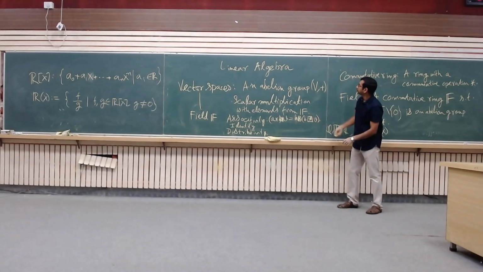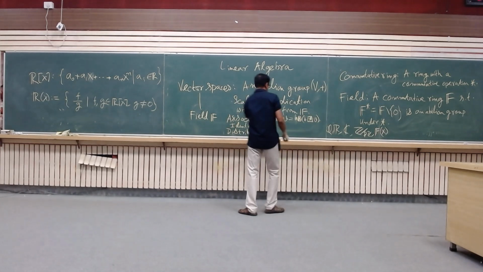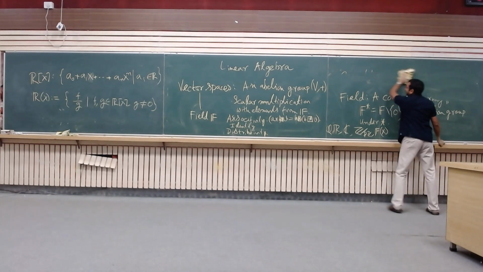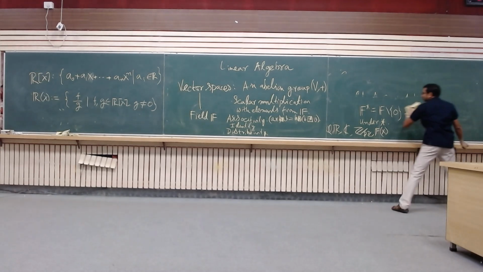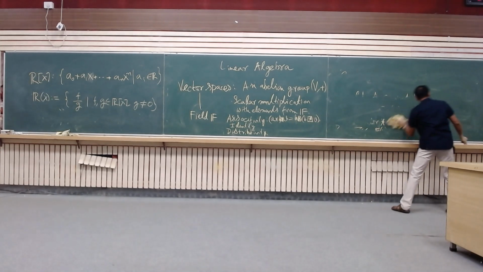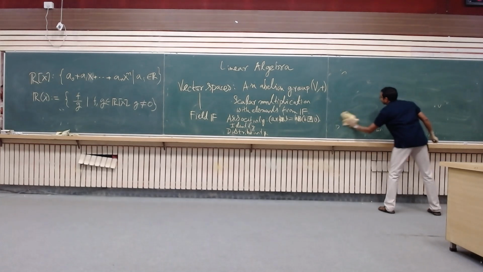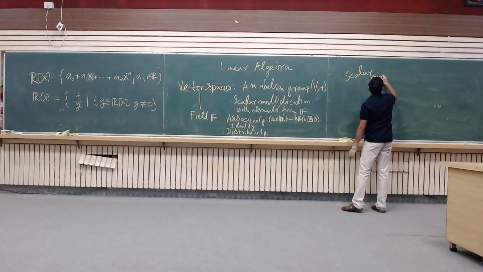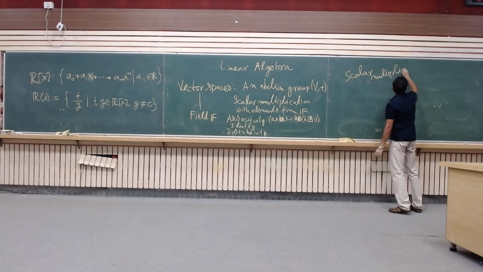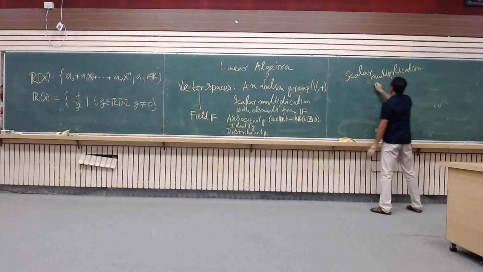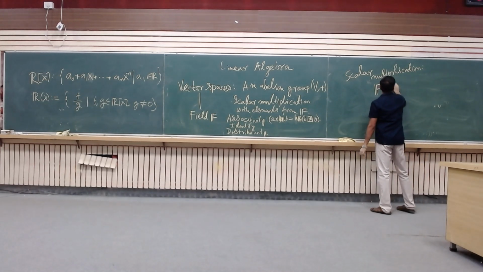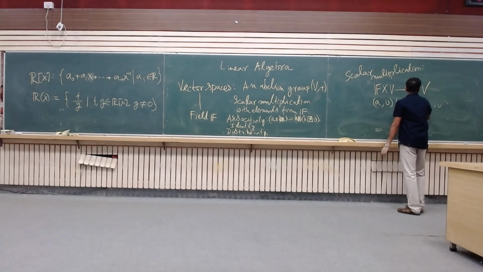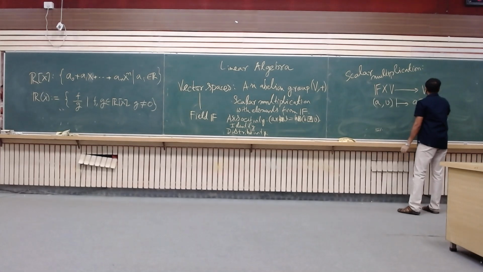Okay. V star V is an element in V. So what is a scalar multiplication? The scalar multiplication is like a binary operation, but it's not from S cross S to S, but from F cross V to V. Scalar multiplication is a map from F cross V to V, and we'll write it as (A, V) going to A star V, only for this class.